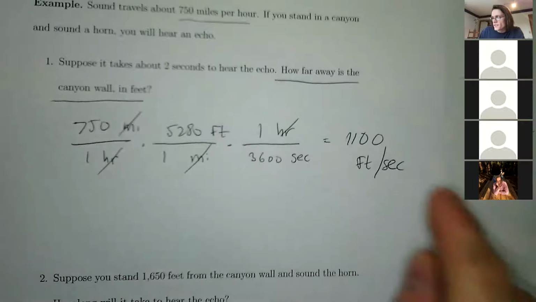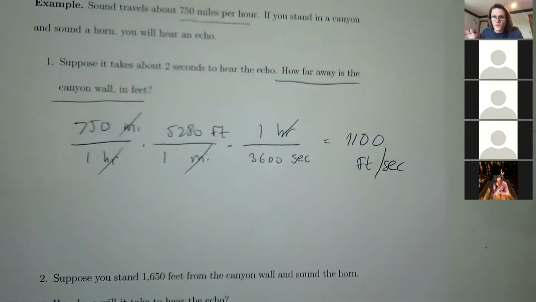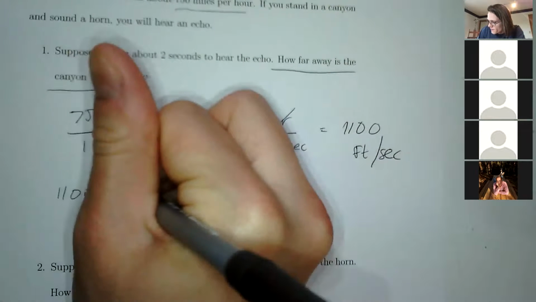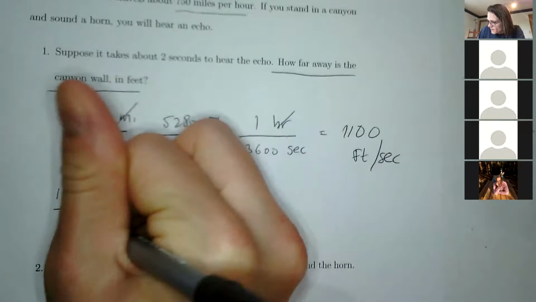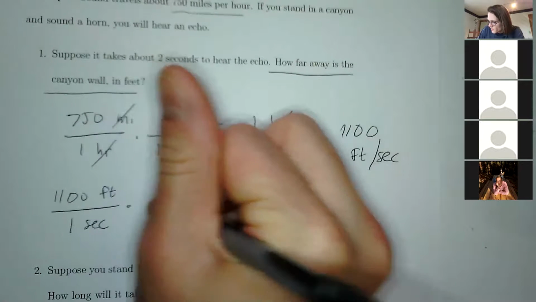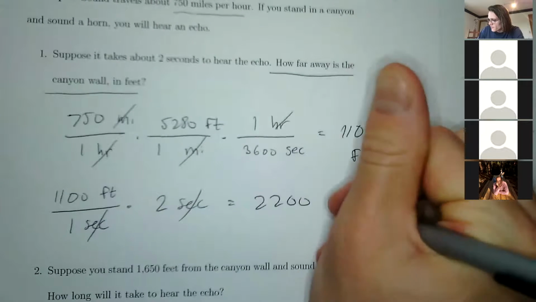So the sound's traveling 1,100 feet per second, and it takes 2 seconds. So let's see how far the sound traveled in that time, right? So I have 1,100 feet per second. I can just multiply it by 2 seconds to convert it into feet. And so the seconds cancel, and then I just get 2,200 feet.